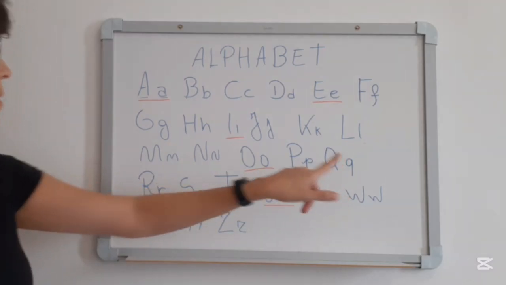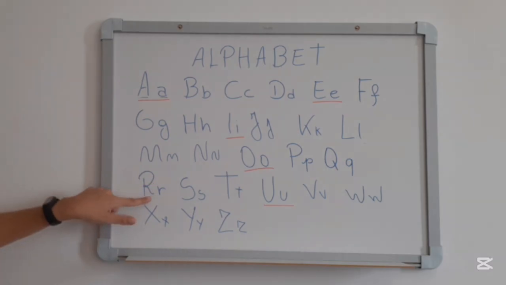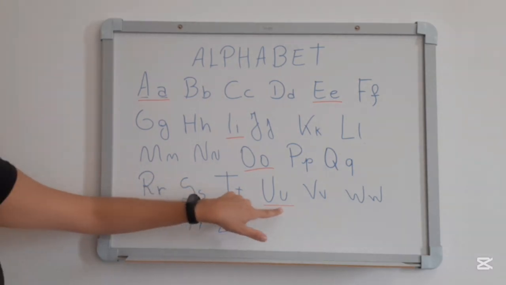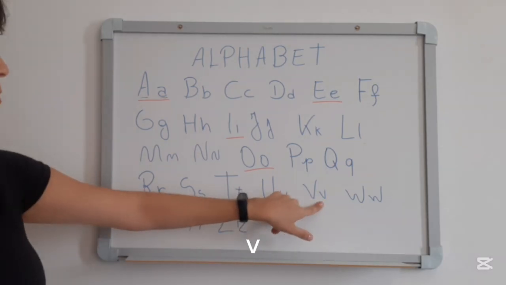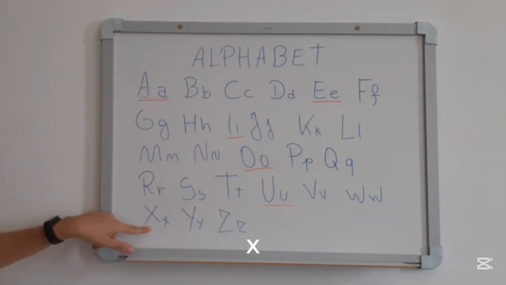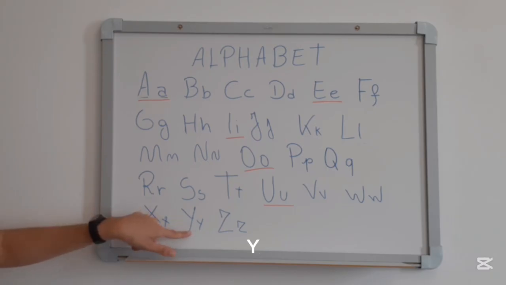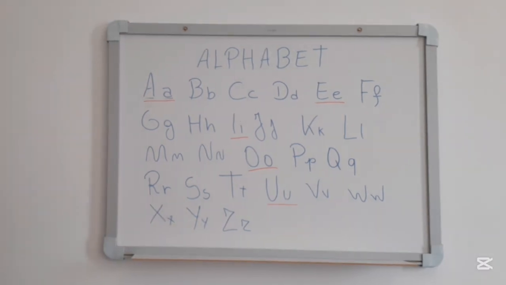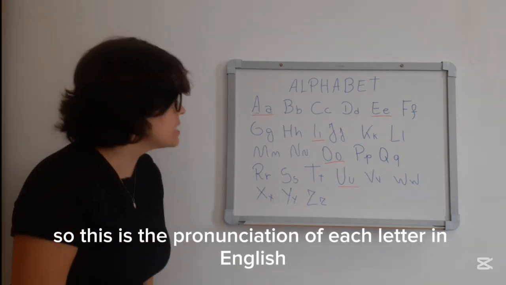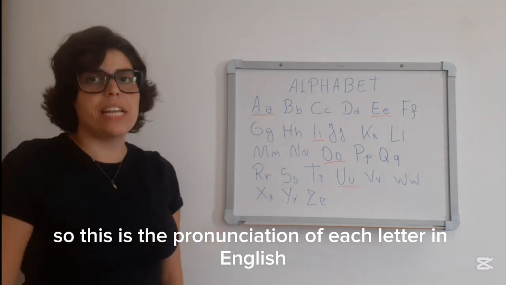Q, R, S, T, U, V, W, X, Y, Z. Alright, so this is the pronunciation of each letter in English.